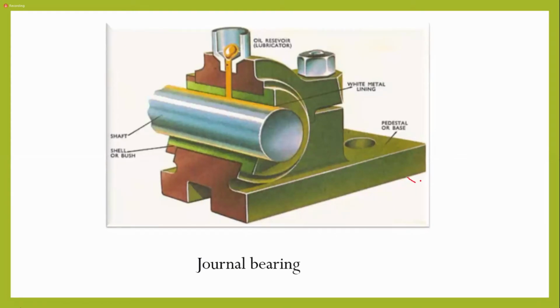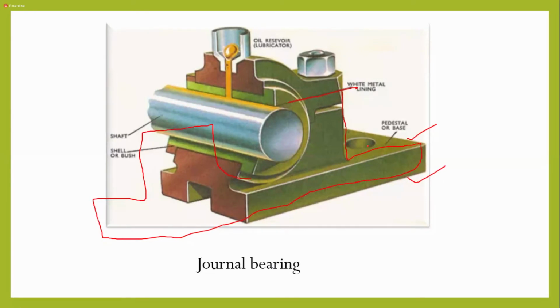And this is how the general bearing looks, right? I think many of you have seen it in the Teams project lab, and some of them I have already used also. So this is a journal bearing, wherein we will have one bottom block, and in the same way we will have one upper block.